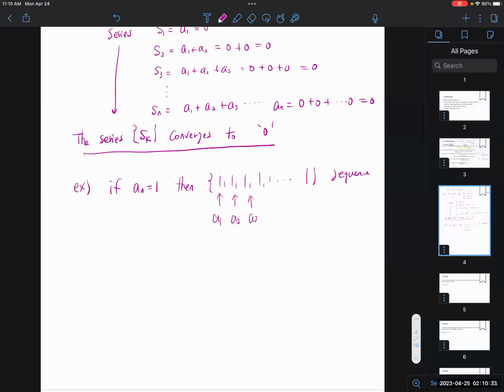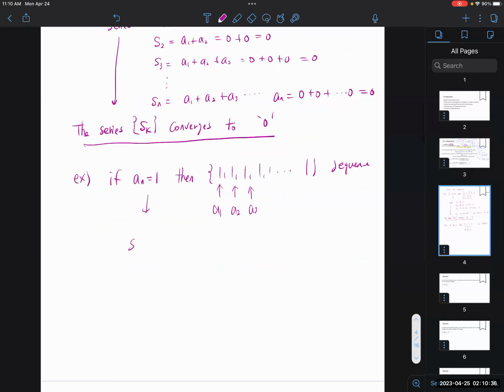Now I'm thinking about the series, right? S1 will be A1, so 1. S2 is A1 plus A2, okay, 1 plus 1 will be 2. S3, you are adding the first, second, and third: 1 plus 1 plus 1, gotcha, 3.